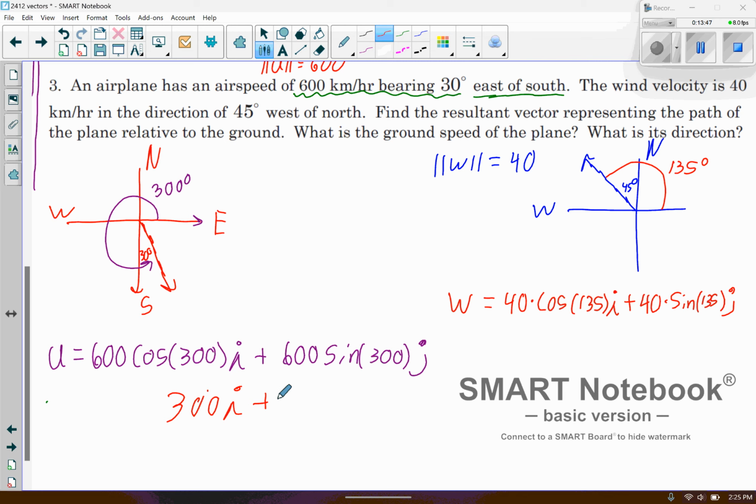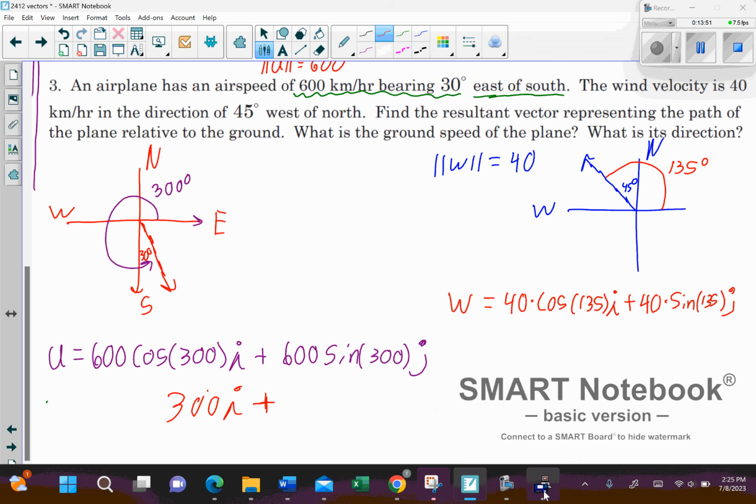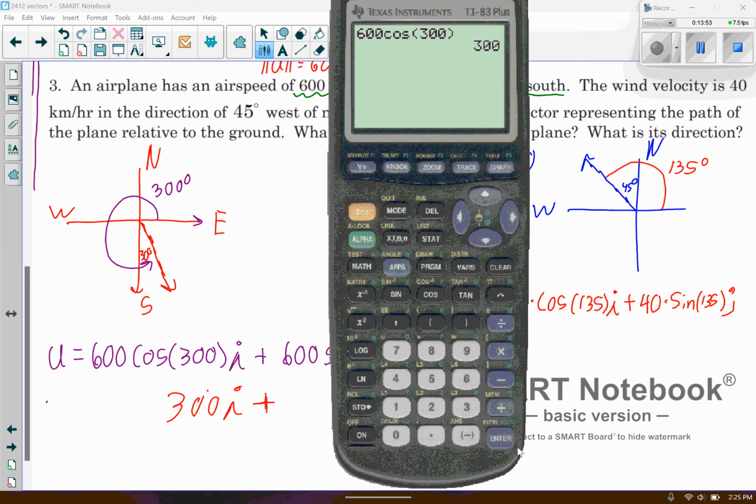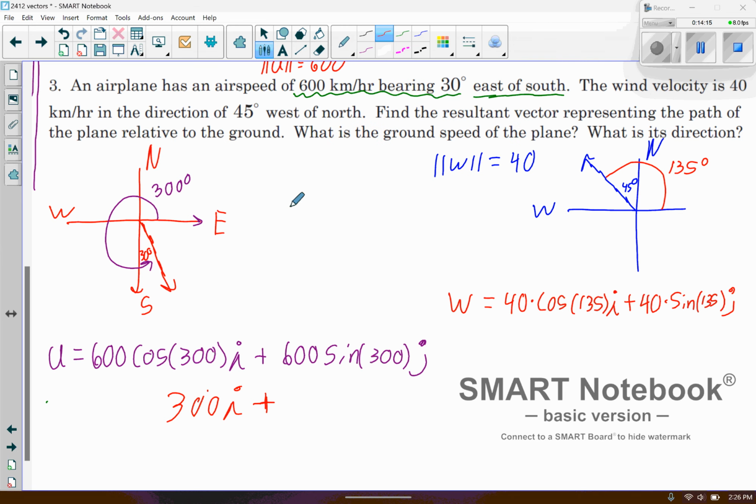Then plus, I've got to do it for sine, so second, enter, change that to a sine. There we go, there's a decimal. You do want to be careful here, so I'm going to round to 3 spots just to be safe. I think on the homework it's 2 spots. So negative 519.615.